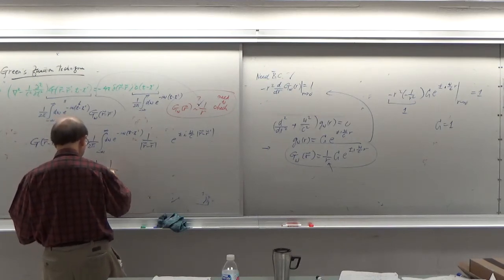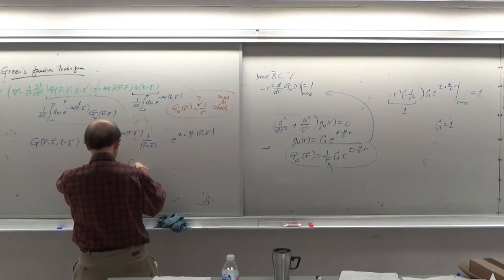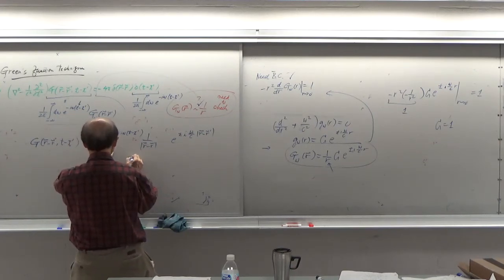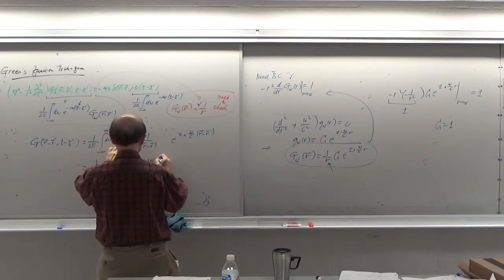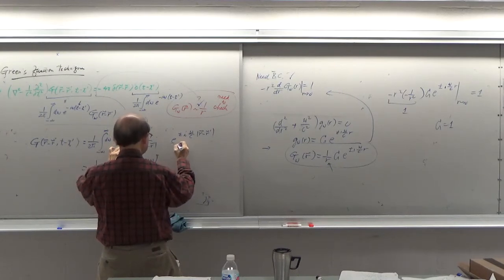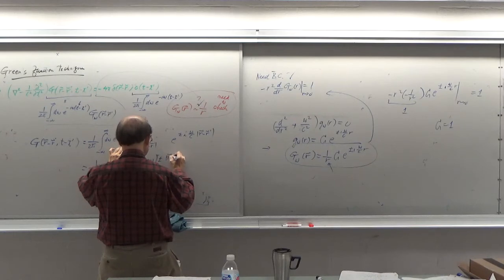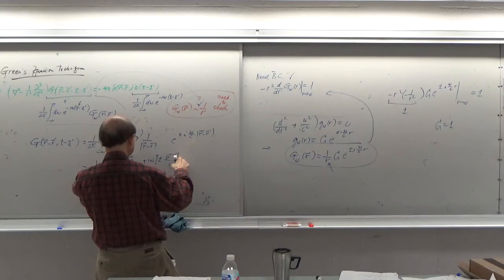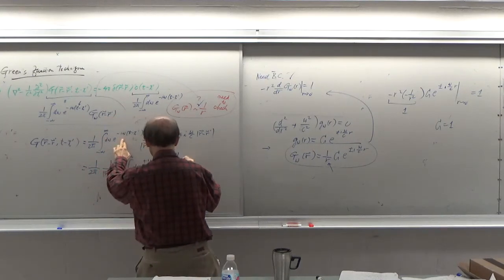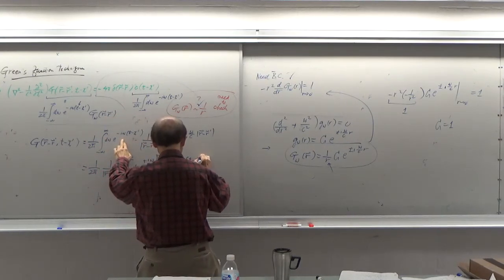Let me pull out this r minus r prime term, and then I'm left with integration over omega, e to the minus i omega, then plus or minus this r minus r prime over c, i omega is taken outside already for this, then minus t minus t prime.